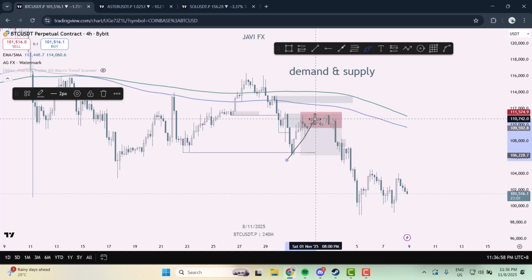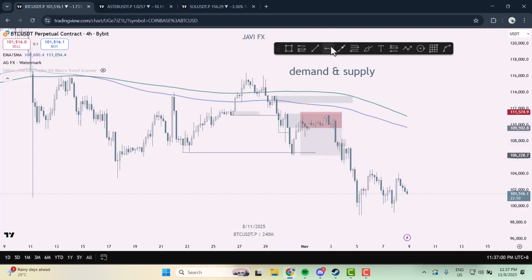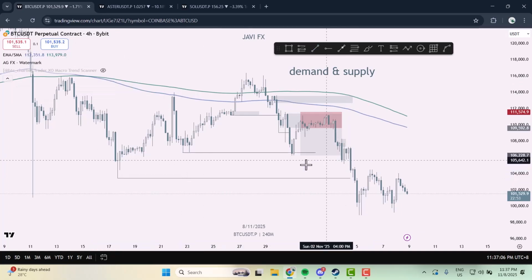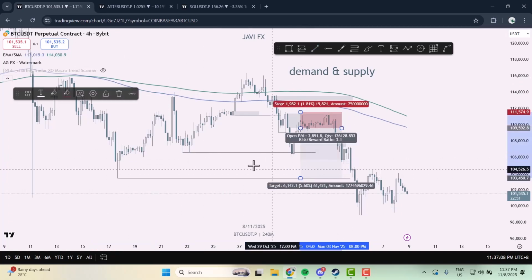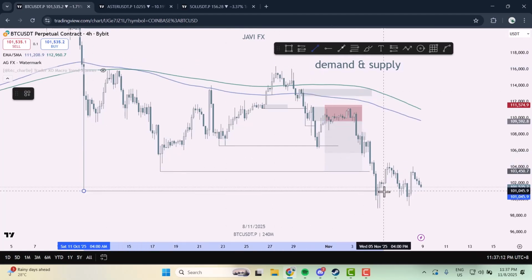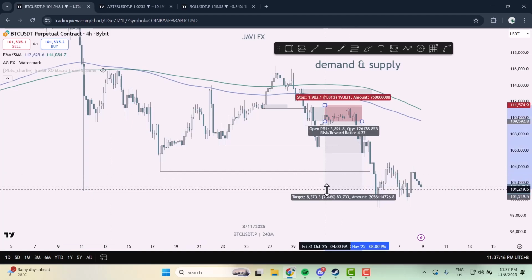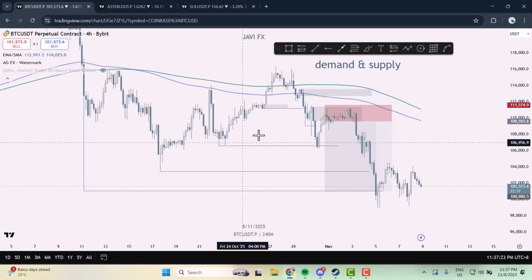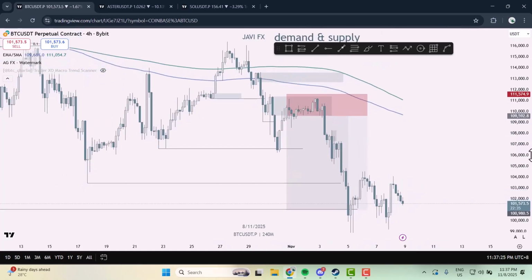Now it went back up to the supply zone. Where's the next point of liquidity? Over here. This low is a good liquidity area to take profit. That one was taken already, but this is the next good liquidity target. So right then and there, we have ourselves a trade.